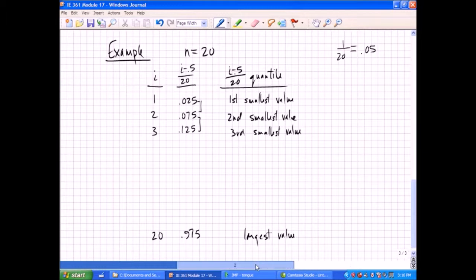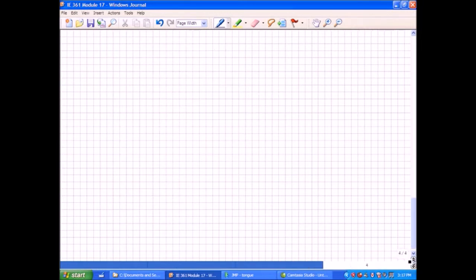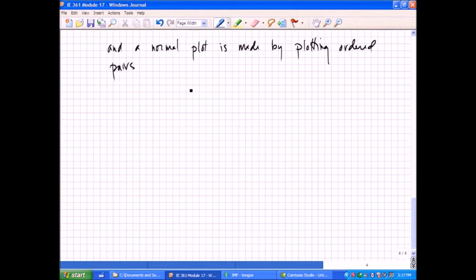So with that convention, with the convention that says that we're going to agree to call the ith smallest value in the data set the (i minus 0.5) over n quantile, the way that we make a normal plot is by plotting ordered pairs that have this form.